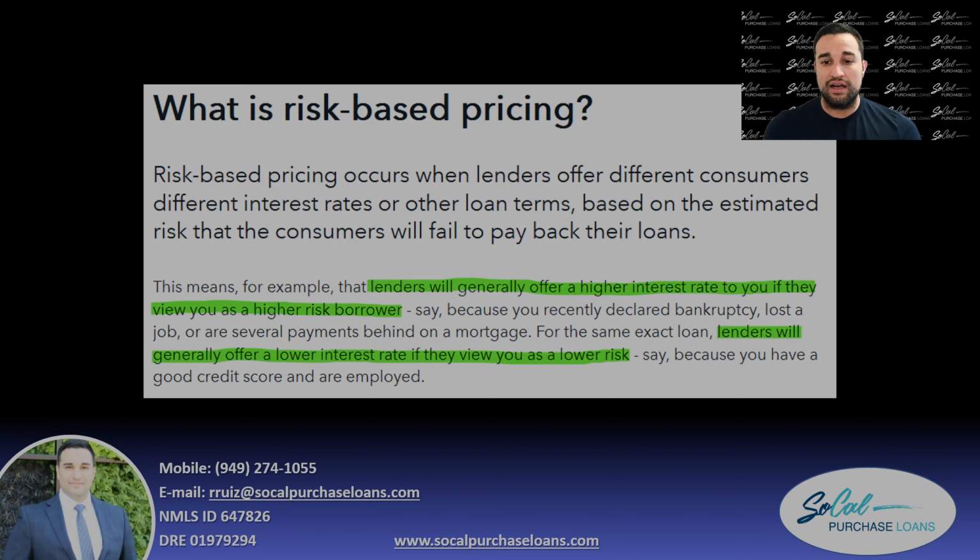Now, if you have a higher interest rate, it's probably because you were viewed as higher risk. And if you have a loan or an applicant that is less risky because they're better qualified, well, you would expect that that person would get a lower interest rate or a lower price for the same interest rate.